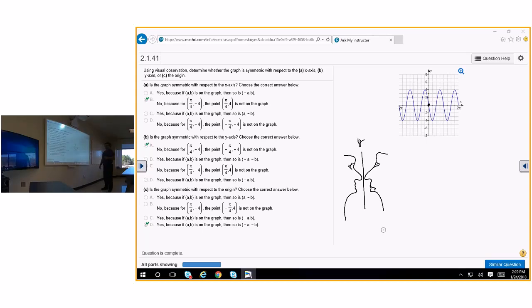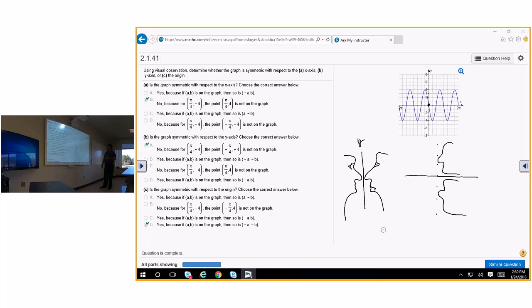If it's symmetric around the x-axis, it would look like this. I'm just going to imagine that there's a y-axis right here so I can draw my picture. If you look at this mirror, and that's you, it's like a bird, then it would be symmetric this way.